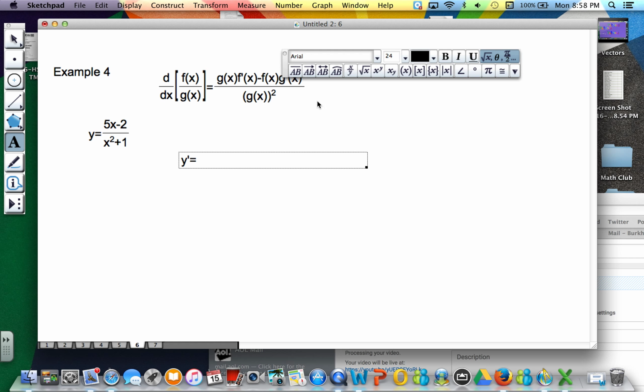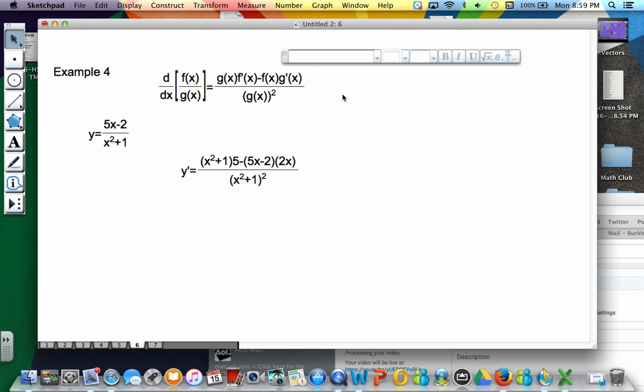So y prime is going to equal: here I take my denominator, which is x squared plus 1, times the derivative of my numerator, which is 5, minus my numerator, which is 5x minus 2, times the derivative of my denominator, which is 2x, divided by, and then we'd have this wonderful x squared plus 1 quantity squared. That's right there, the employment of the quotient rule.